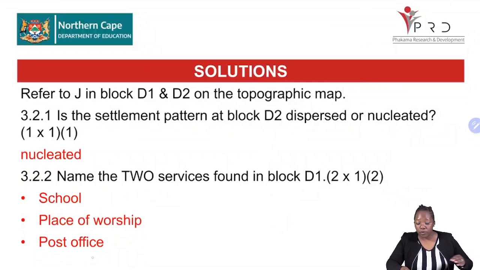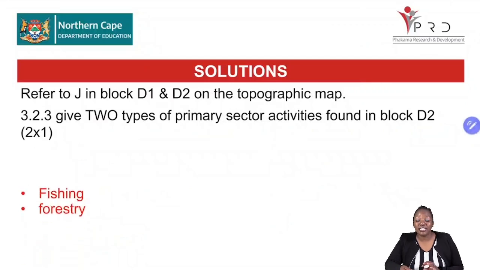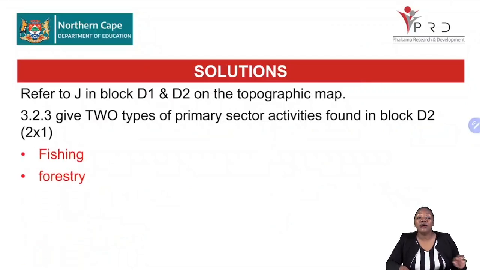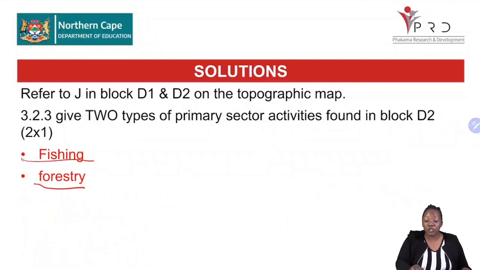And then we proceed to our question number 3. You give 2 types of primary sector activities found in block D2. Therefore, in block D2, there is a row of trees for the forestry. And also there is a river in block D2 for the fishing.